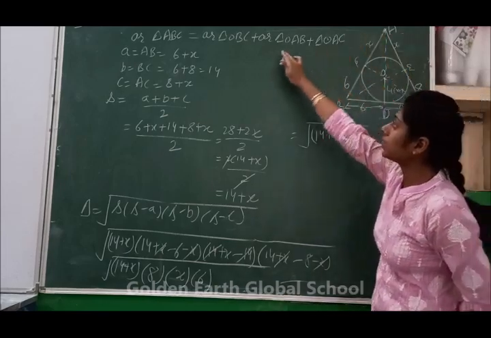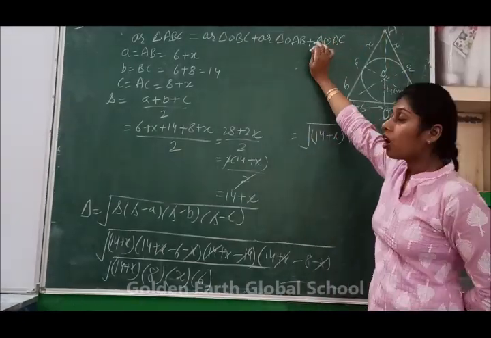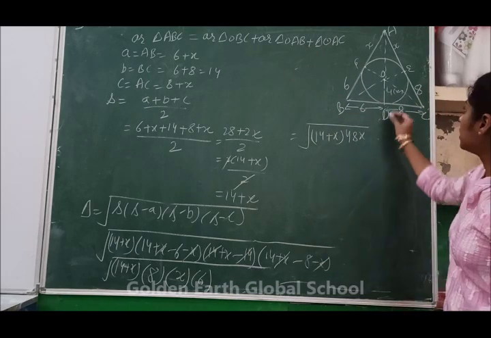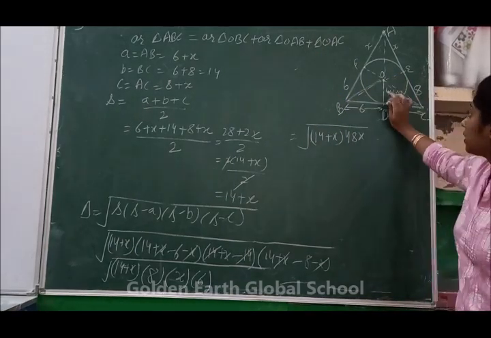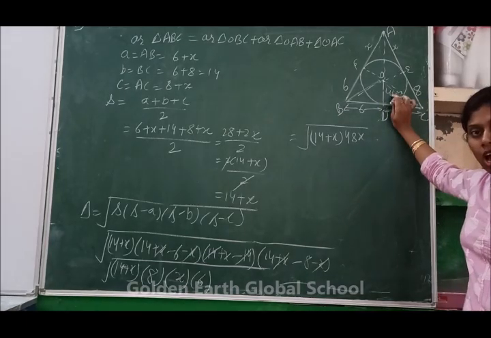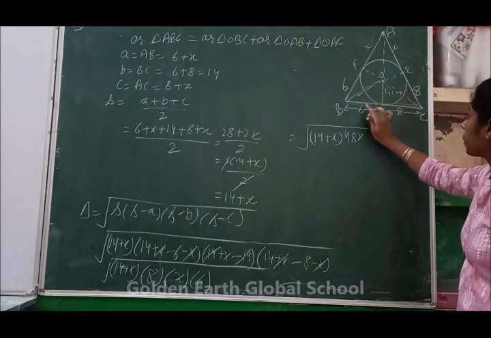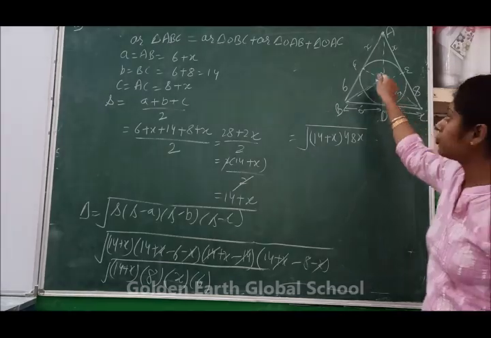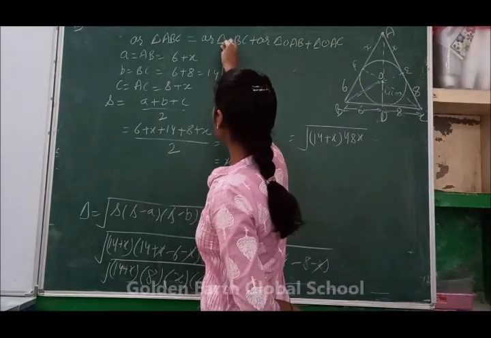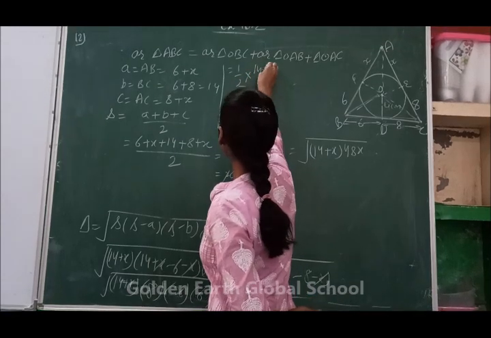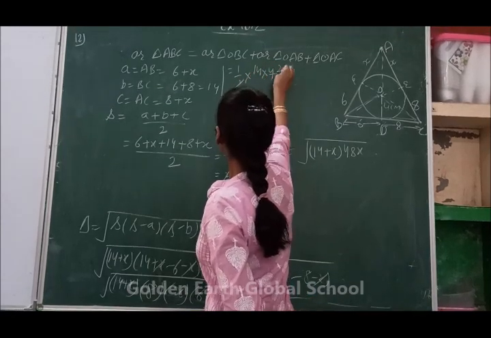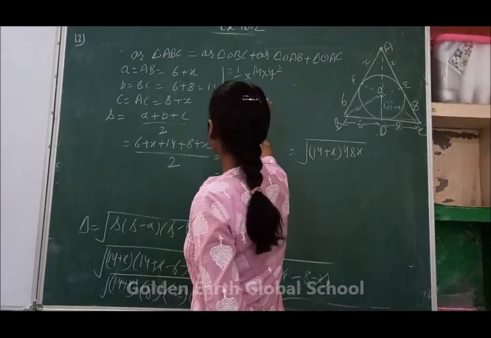Now we will find the area of the smaller triangles. How will we find the area of this triangle? First we will discuss OBC. Here, what is the formula for area of a triangle? Half into base into height. Base is 14, height is 4. So what will be the area of this triangle? 1 by 2, base is 14, height is 4, so 28.